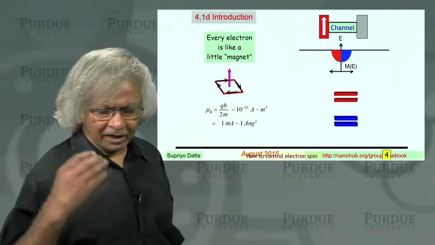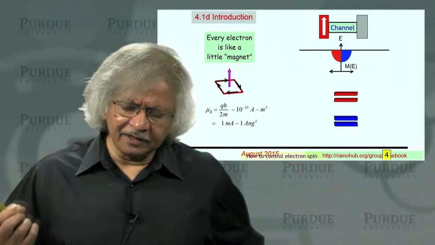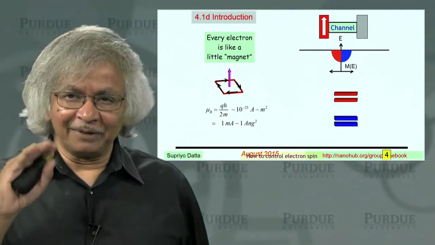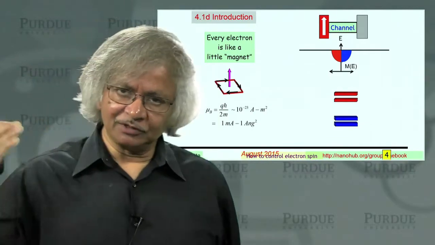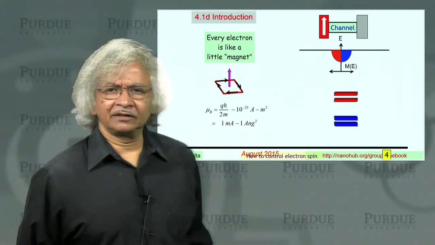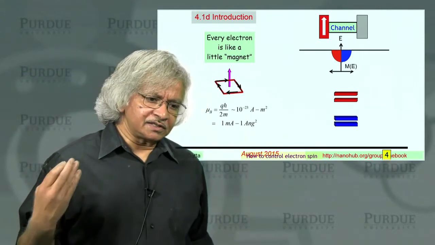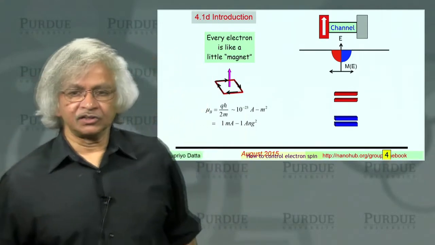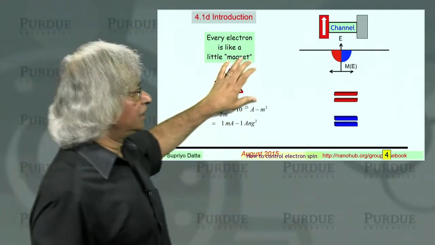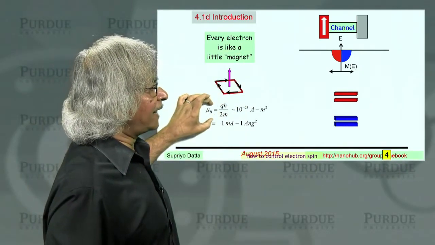The way I think about it is, every electron is like a little magnet, although it's a quantum magnet with some subtleties, as we'll discuss. But it's like a little magnet, and this is an experimental fact that was discovered almost 100 years ago. There's this Stern-Gerlach experiment, which showed that each electron had a magnetic moment.